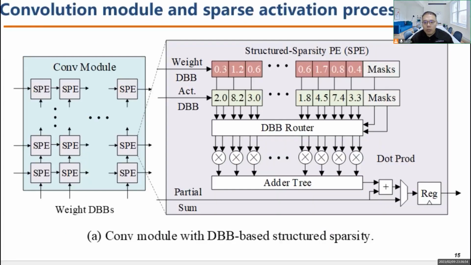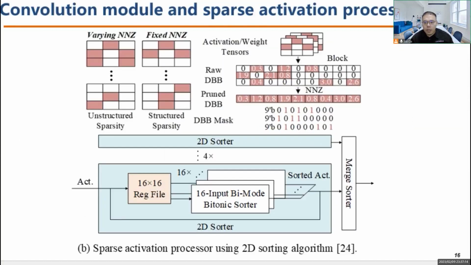For the network pruning structure, we designed a convolution module on FPGA. Each convolution module contains multiple structured sparsity PEs, named SPE. SPE is responsible for the weight pruning and activation function pruning of convolution. We specifically designed the FPGA-based pruning module.